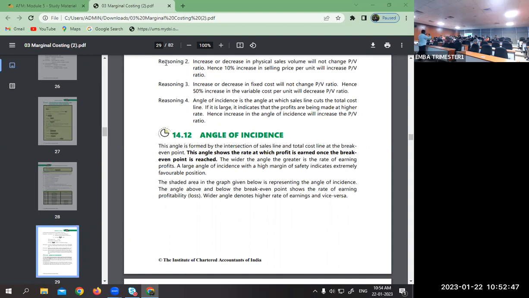Concepts: business entity concept, money measurement concept, going concern concept, dual aspect concept, objectivity concept, legal evidence, and so many like that. Similarly, conventions: convention of materiality, convention of prudence, and many more. So this is the first unit, theory.